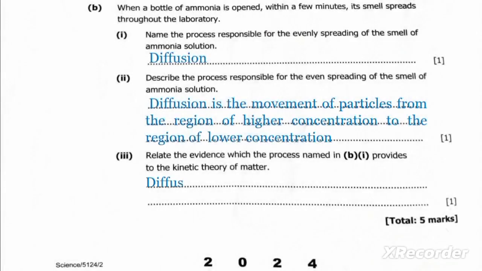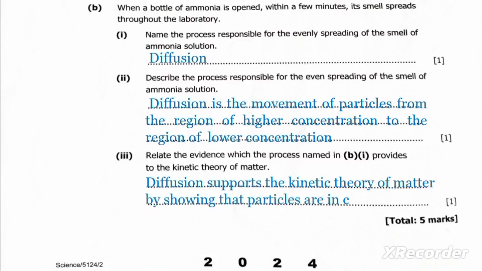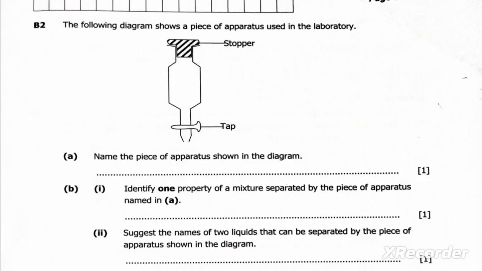So therefore we are going to say diffusion supports the kinetic theory of matter by showing that particles are in constant random motion. We are done with this question. Let us move to the next question.